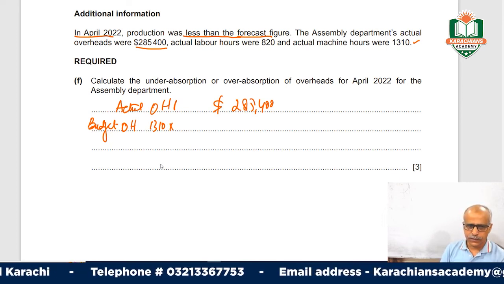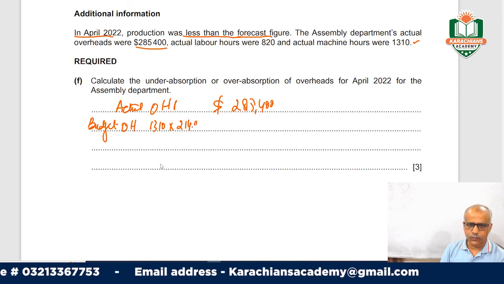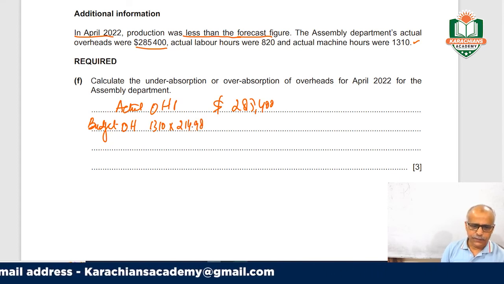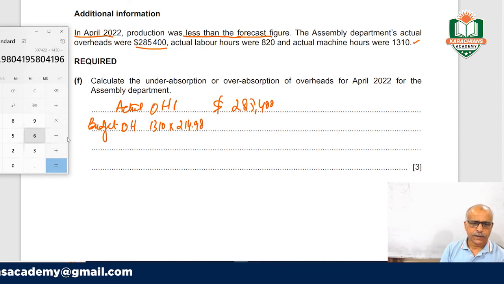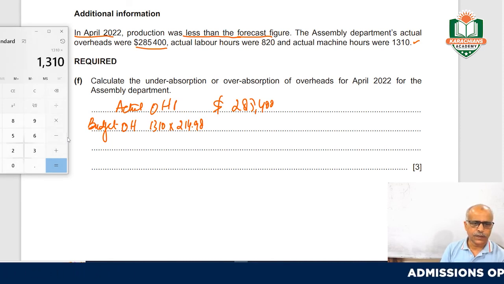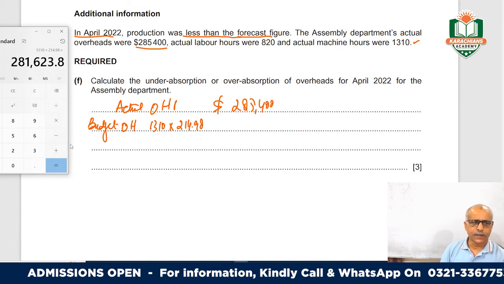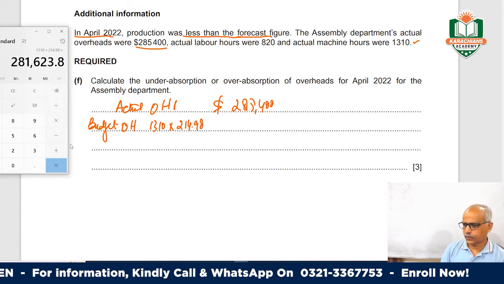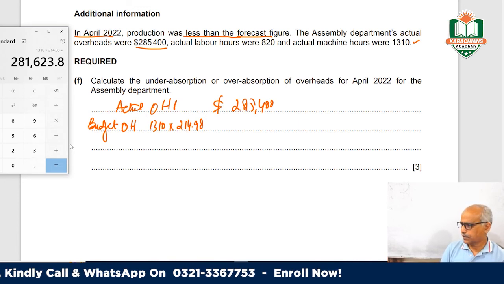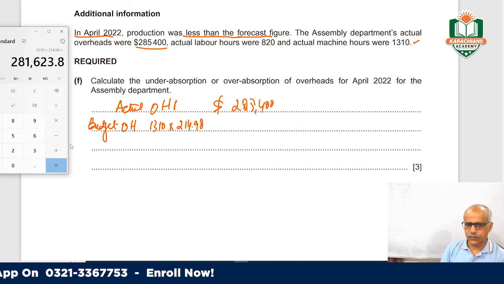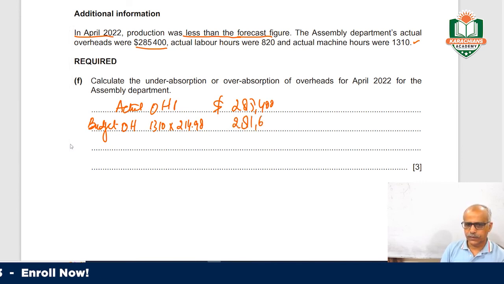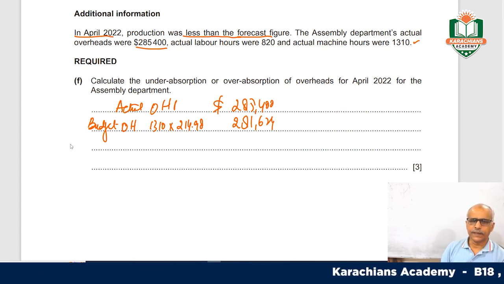It is 214.98. If we multiply 1310 by 214.98, this is 281,624.